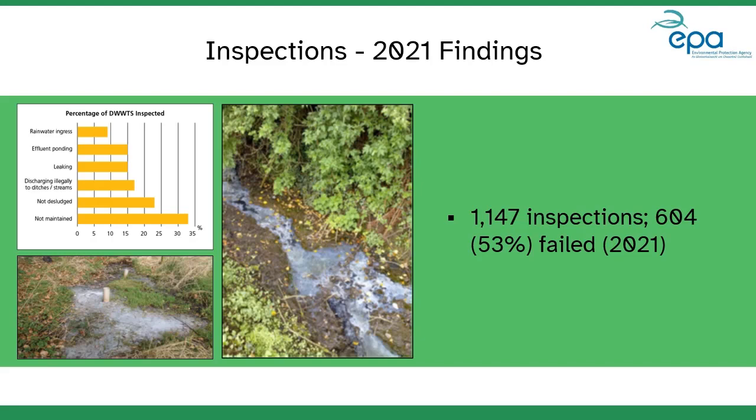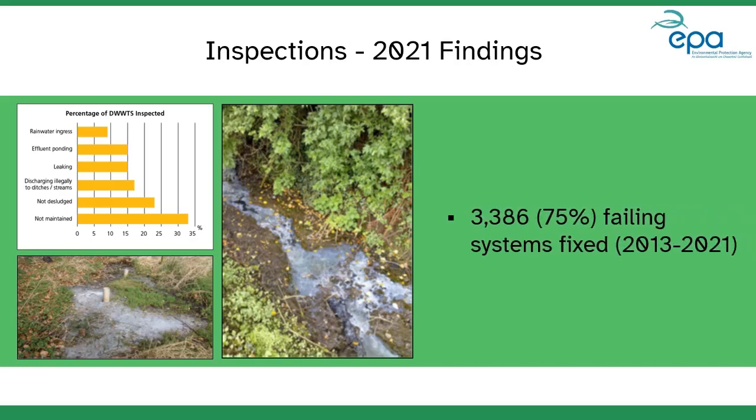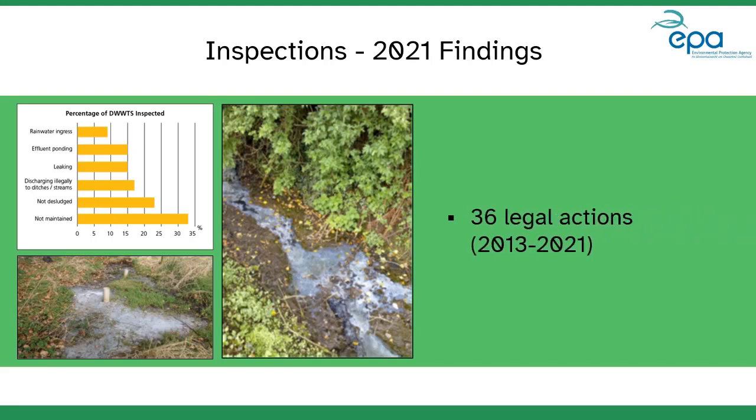Overall, in the period from when the National Inspection Plan began in 2013 to the end of 2021, 75% of systems that failed have been fixed. So that leaves a quarter of them that still need to be fixed. In some of these, legal cases have been initiated. In total, 36 legal actions have been initiated by 7 water services authorities nationally.